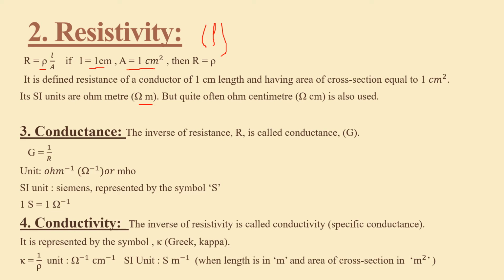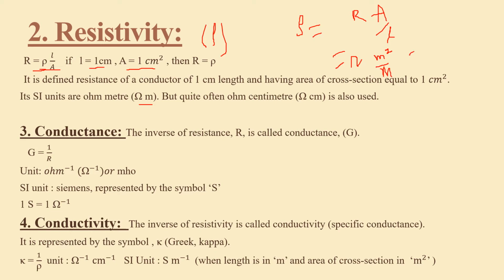How does it come as ohm meter or ohm centimeter? Since R is equal to rho L upon A, on rearranging this equation, resistivity rho will be equal to R times A upon L, where R is the resistance in ohms. Suppose area is in meter square and length is in meter.